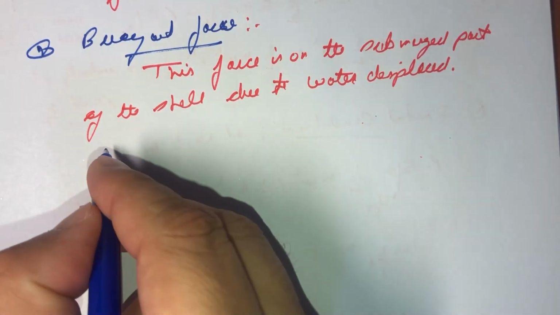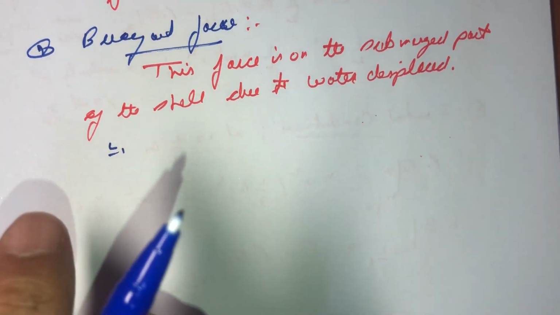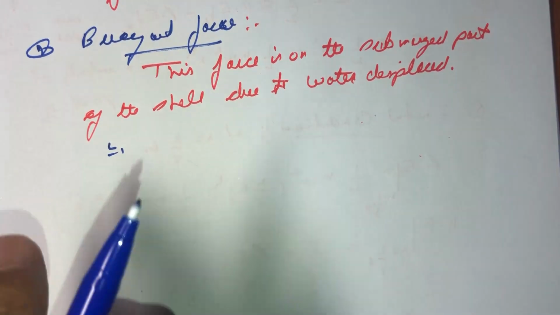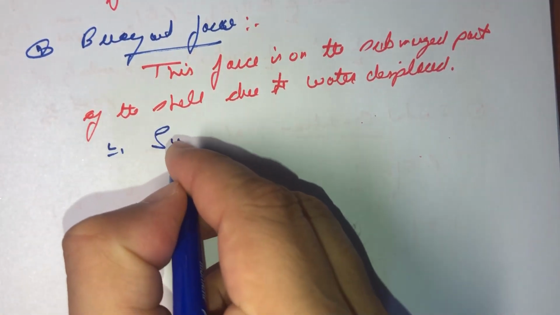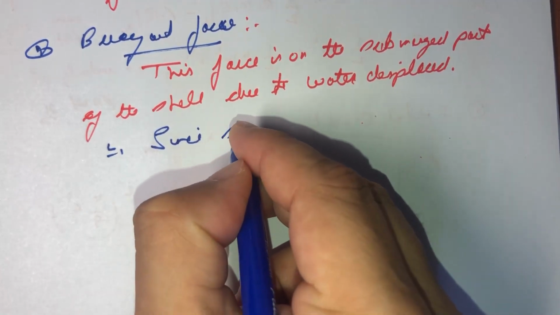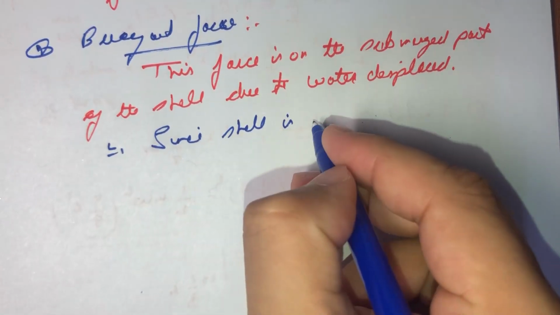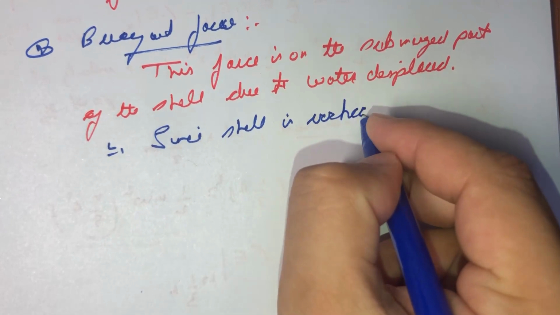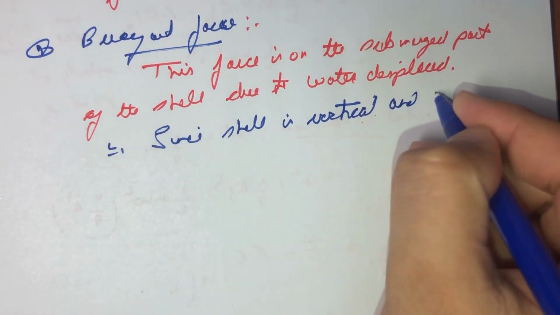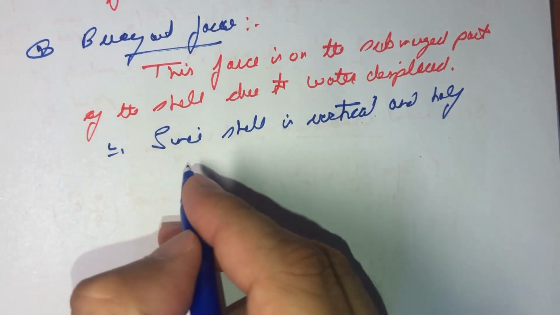And it is given that the cylinder or the shell is vertical and half submerged.